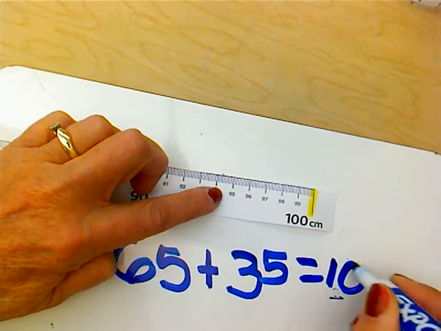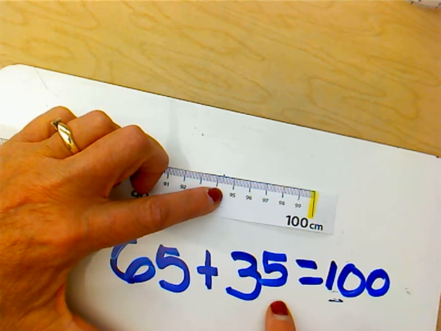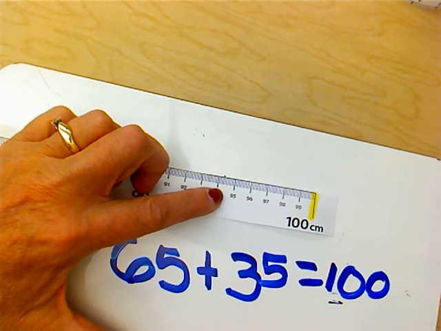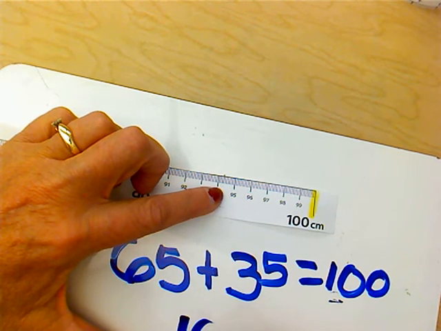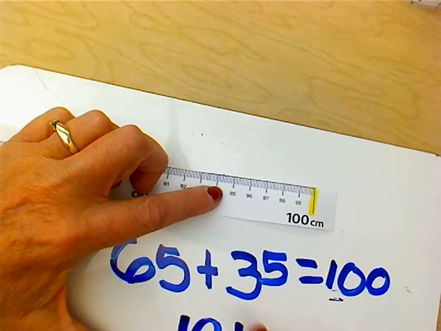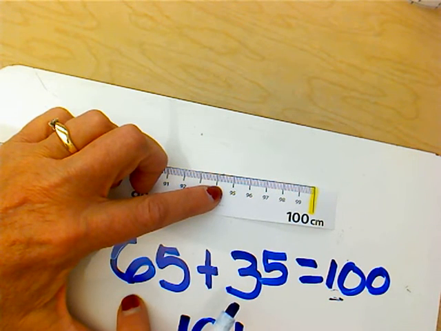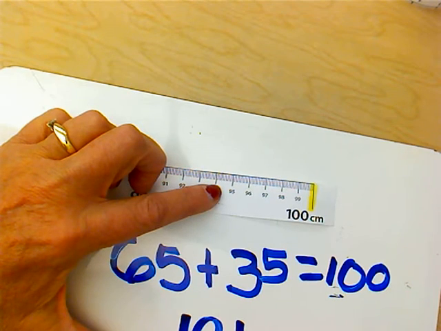It certainly did. Wow, that was kind of fun to get all the way up to 100. 65 plus 35 is 100. All right, so 5 ones plus 5 ones would be 10 ones. And then I'm going to be adding 6 tens. Well, that would be 60 plus 30, because this is 60 and 30.